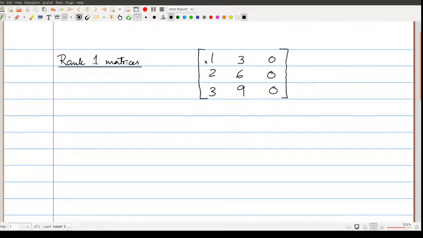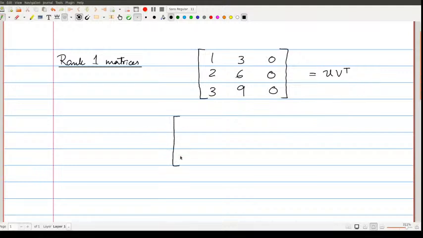And the idea is that this matrix can be broken down into something like U V transpose. So for example, I can write this as some vector times another vector's transpose.